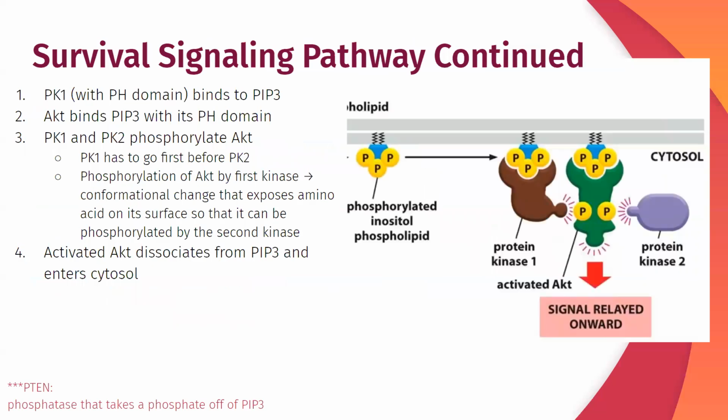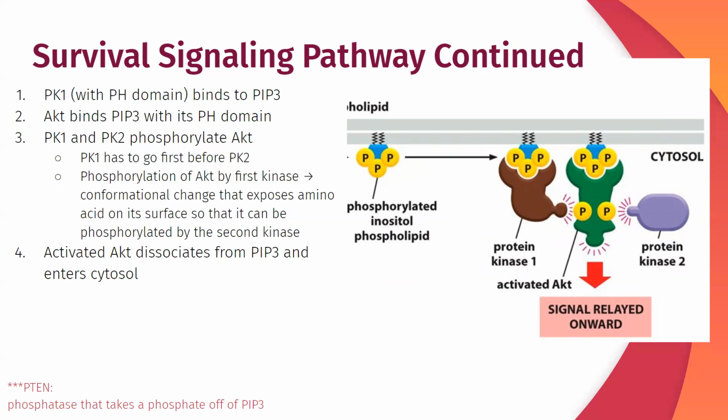Continuing, for this second stage to happen, you need another PIP3 for PDK1 to bind to, and also for AKT to bind to. So you need two of them to exist beforehand in order for this to occur. PDK1, once lodged to PIP3, will activate one side of AKT.